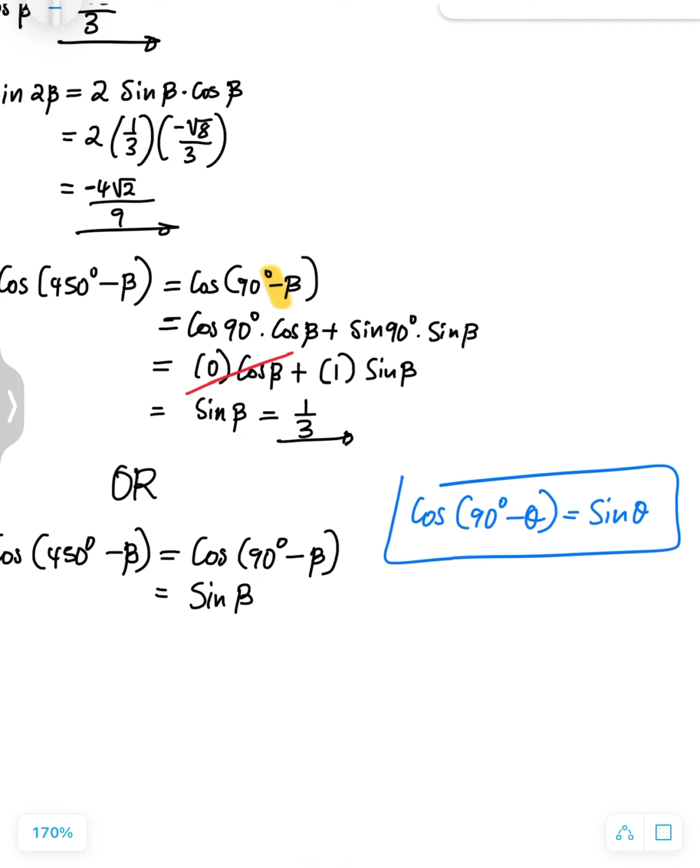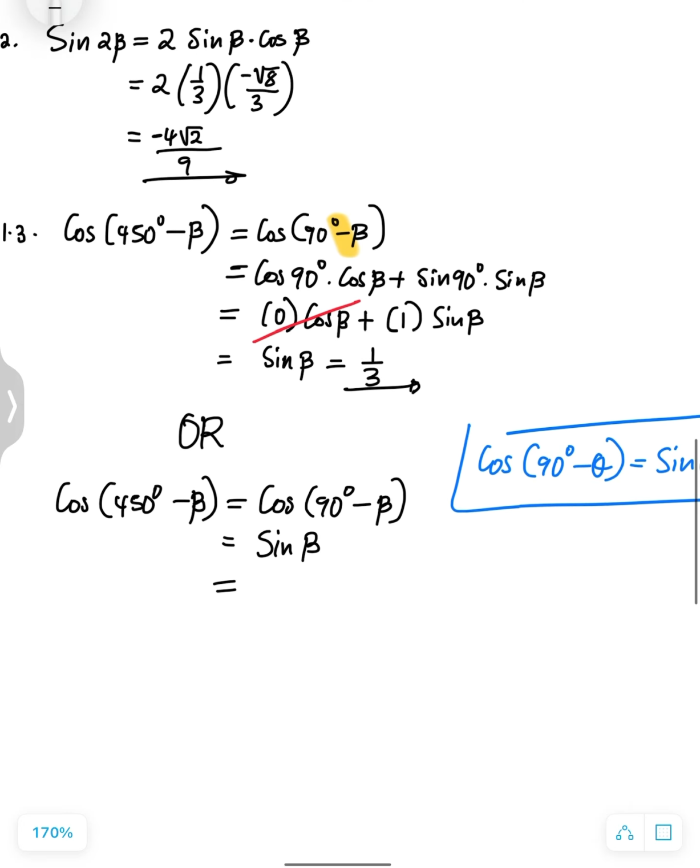With that, sine beta using the diagram again is opposite over hypotenuse, which is 1 over 3 in this case.